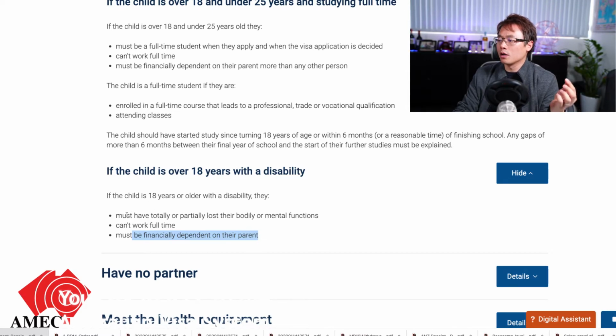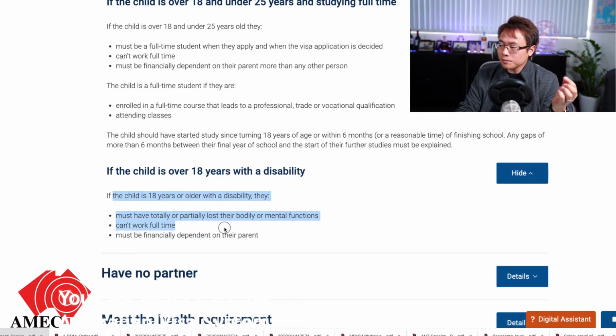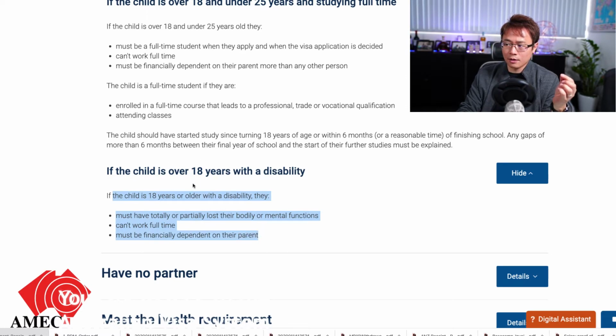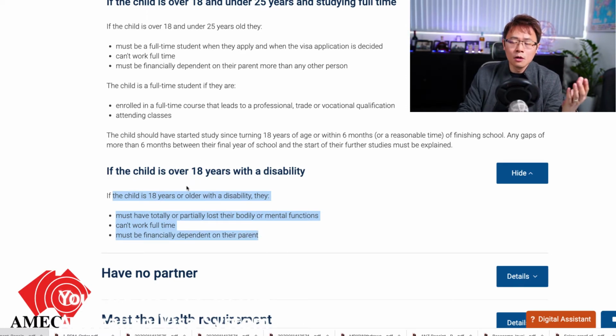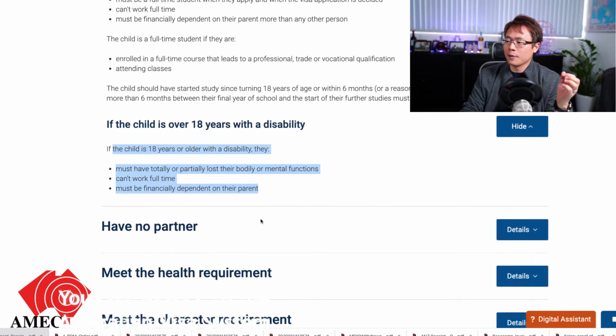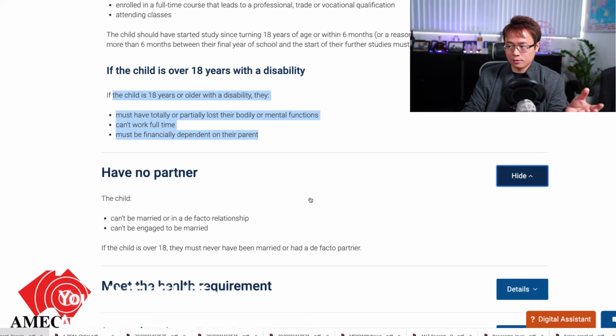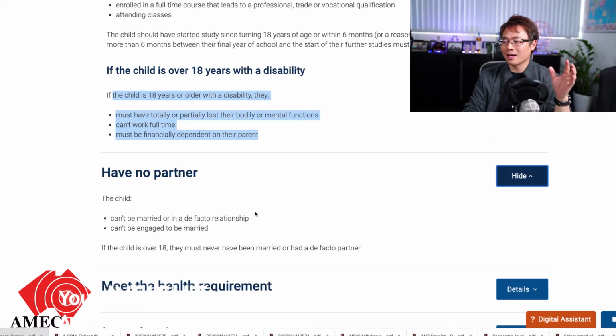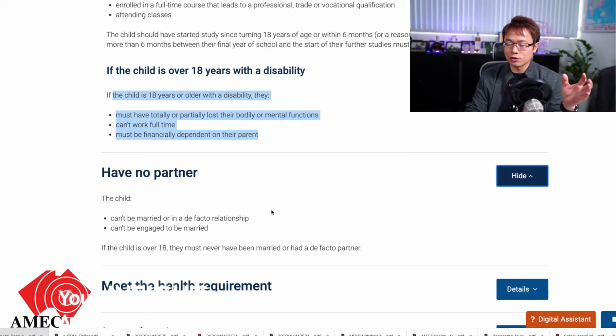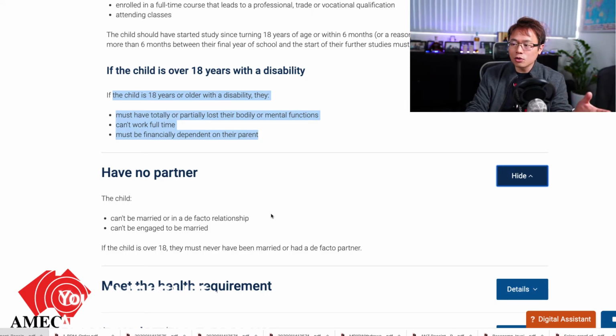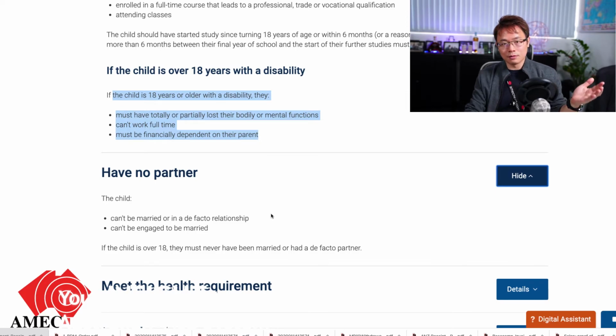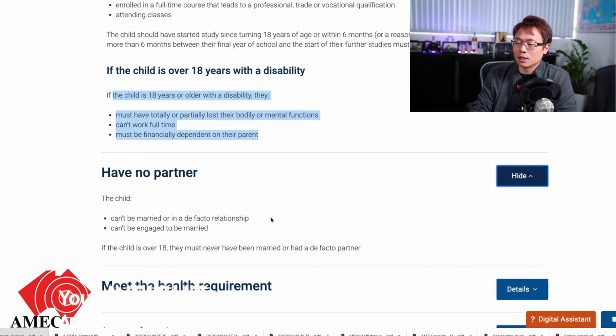So if the child is disabled and is, for instance, 30 years old, they can still lodge this visa. Now they cannot have a partner. They can't be married. They can't be in a de facto relationship. If they do, that would negate the whole eligibility.